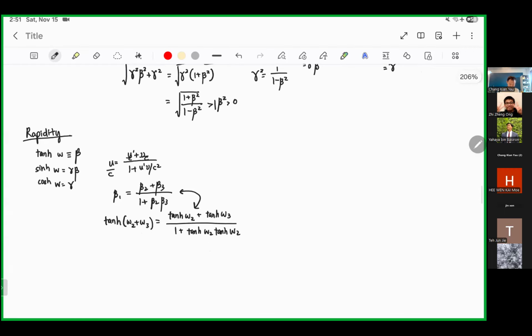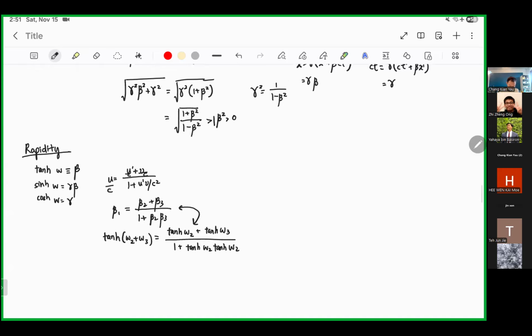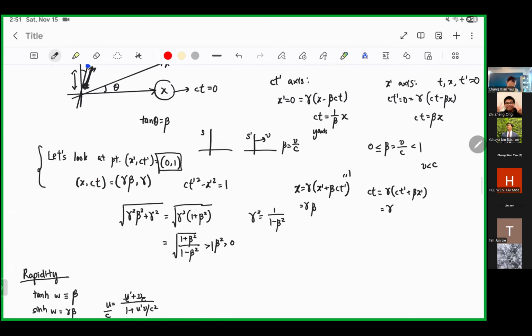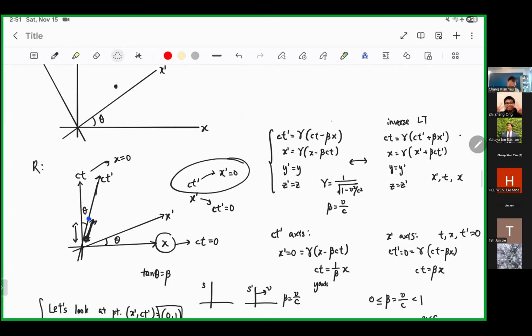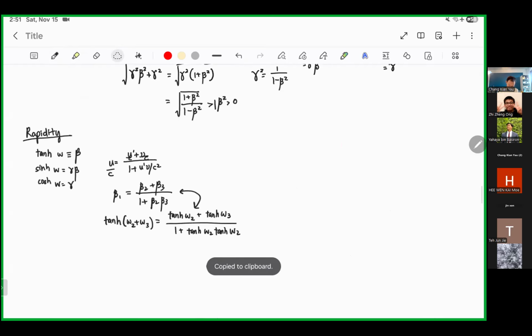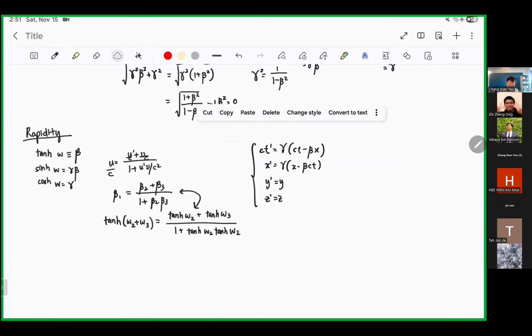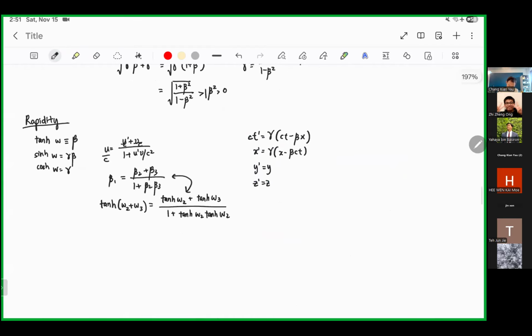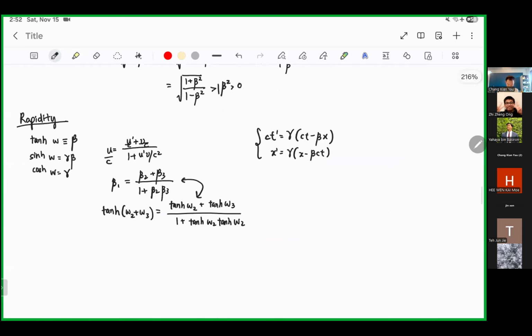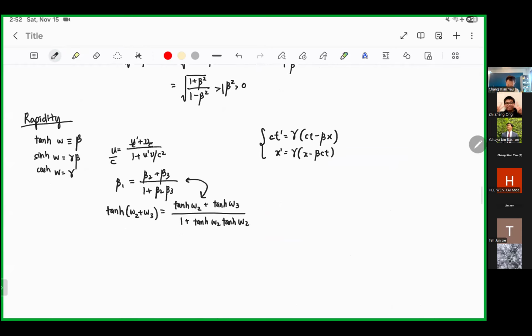What does this mean? If we look back at the Lorentz transformation, I'll copy it down again. I'm just going to look at these two and skip y and z.